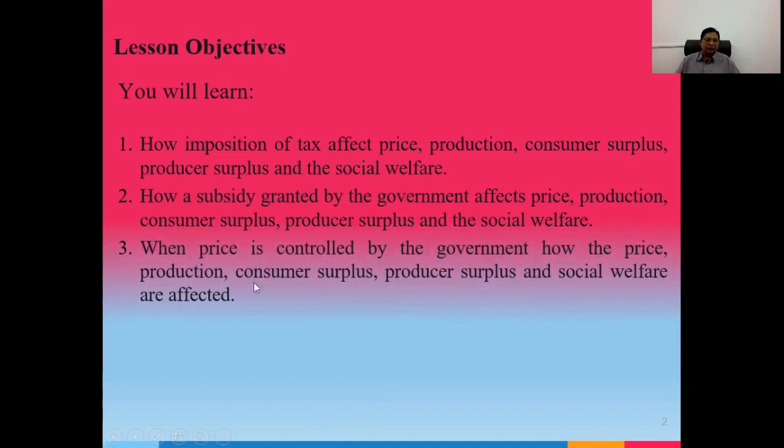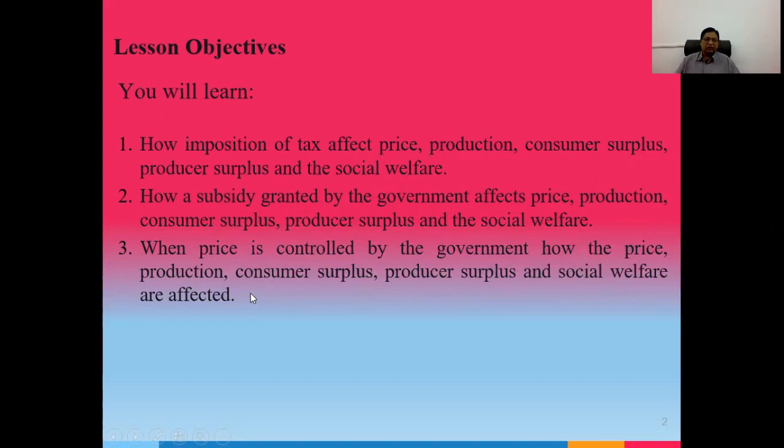Again, you will learn when price is controlled by the government, how price, production, consumer surplus, producer surplus, and social welfare are affected.